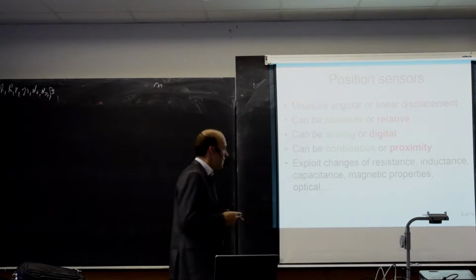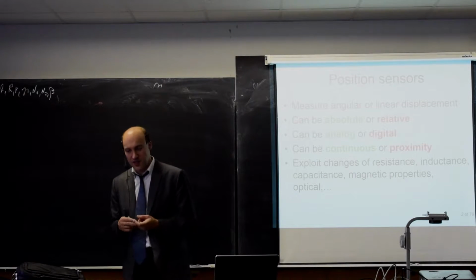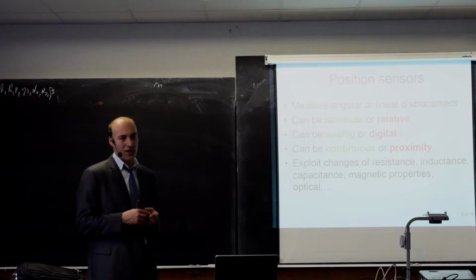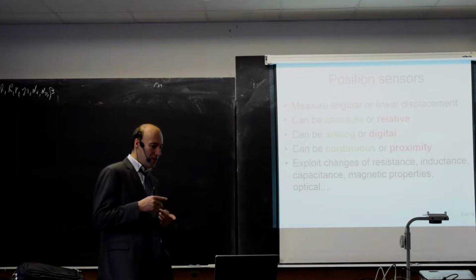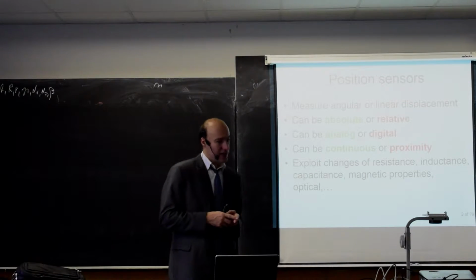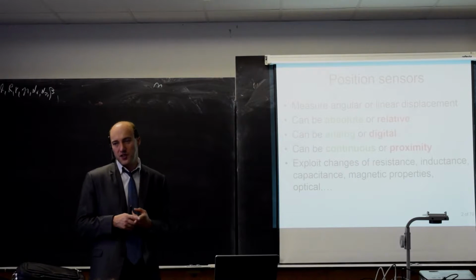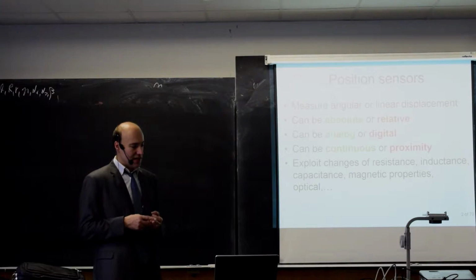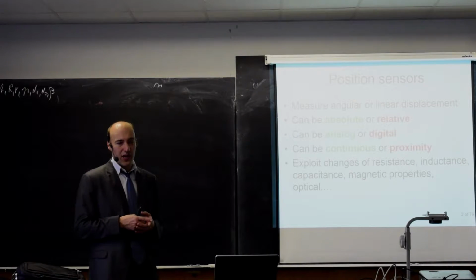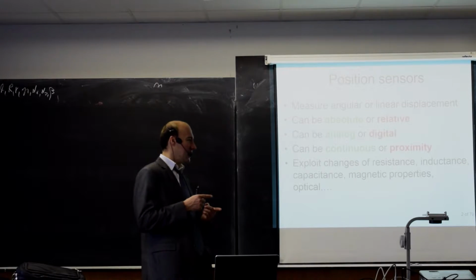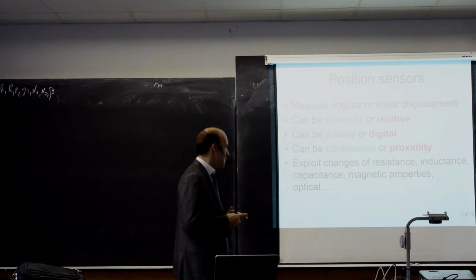Position sensors can use many physical principles to detect the position of something. We'll be talking about sensors that use electrical resistance, inductance, capacitance, eventually magnetic properties like eddy currents, and we'll also use optical sensors.